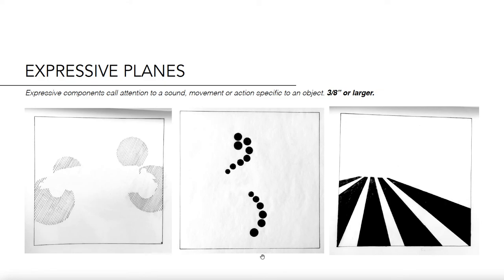And then we're going to do expressive planes. So expressive components call attention to a sound, a movement, or an action that is specific to your object, okay? Here, this student chose to just draw circles and add texture around the car, but you can see the wheels and the front of the headlight, right? So it's an expressive plane because she added texture to it, okay?